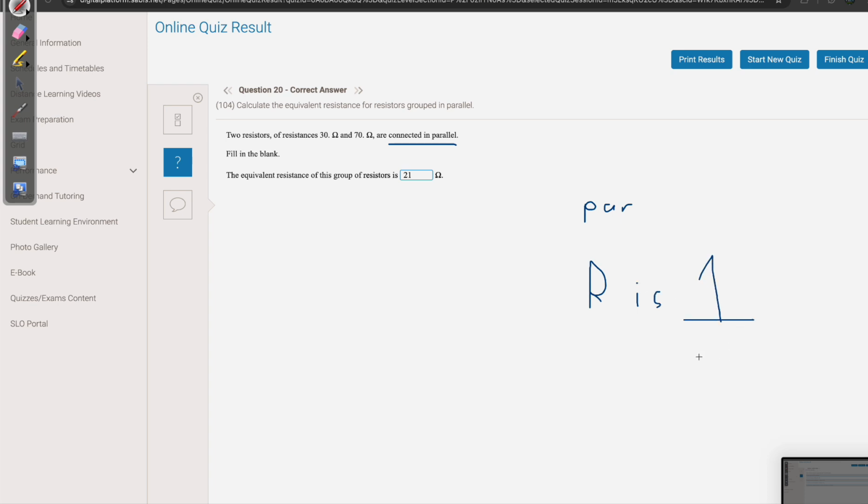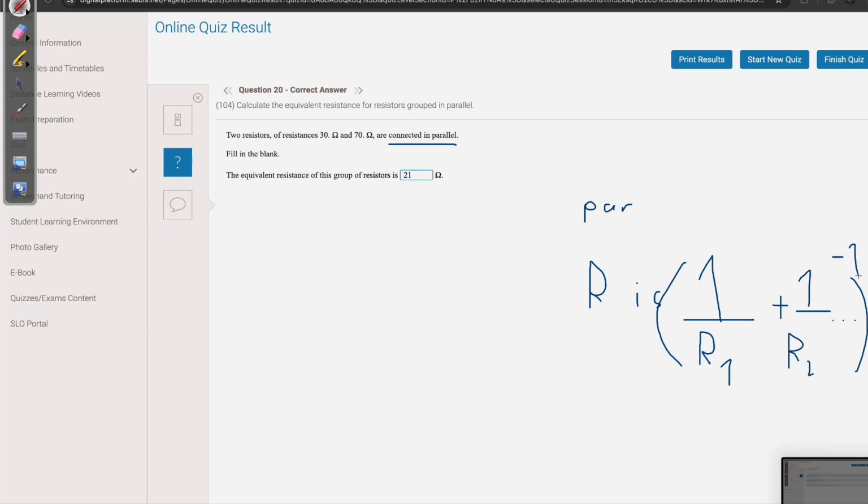Look, you add 1 over the first resistor plus 1 over the second resistor, and so on. But you take the reciprocal, which you can technically say is to the power of negative 1.